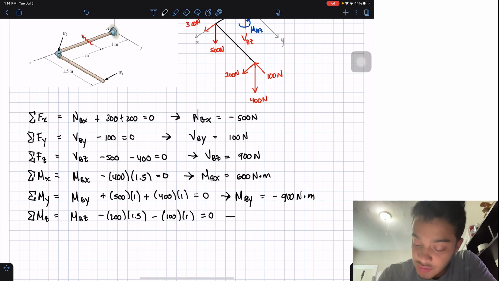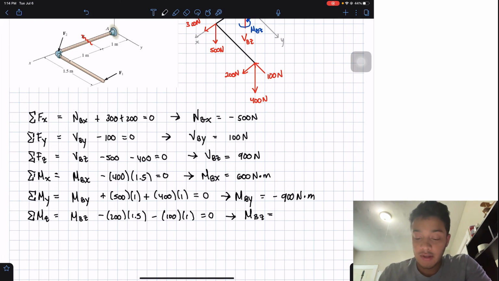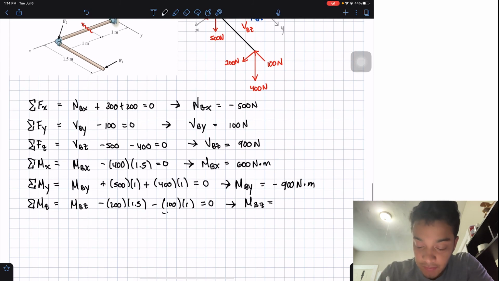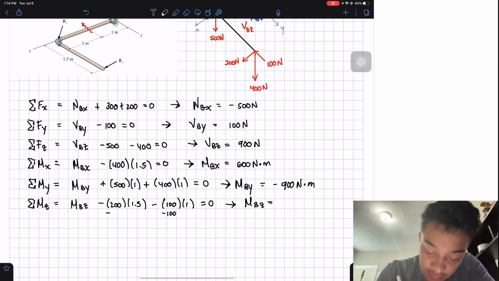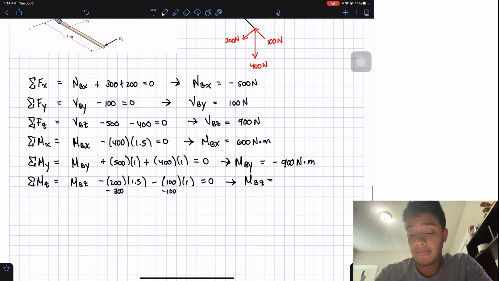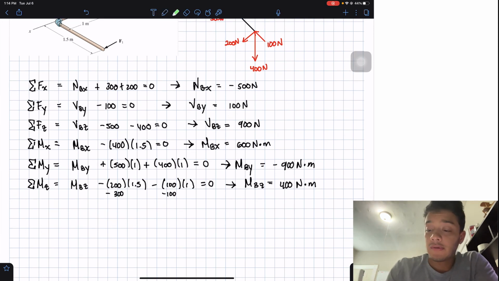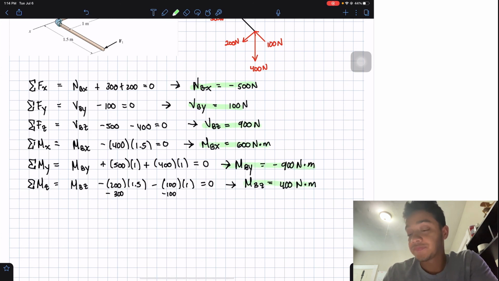All this should be equal to 0. And if we solve for my unknown, we will figure out that this will be negative 100, and then this will be negative 300. Therefore, a total of positive, when they go to the other side, of 400 newton meters. Okay? So we found our normal, we found our 2 shears, and we found our 3 moments.